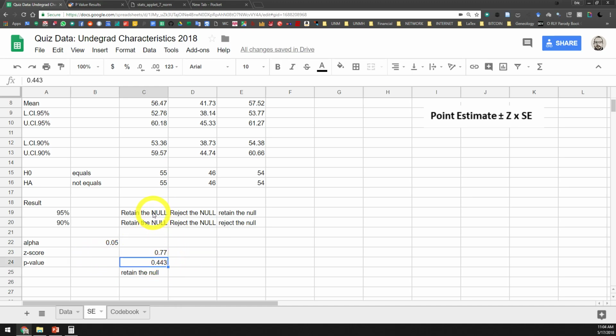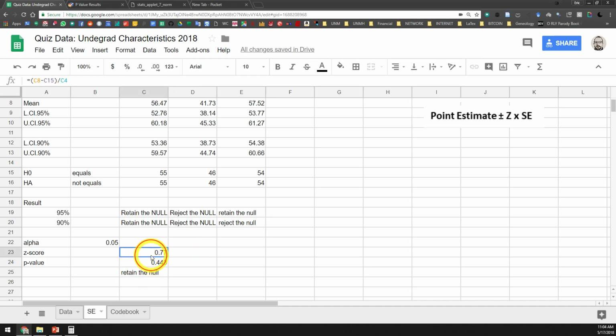That is the exact same decision that we came up with with our 95% confidence interval. If we use an alpha of 0.05 and a 95% confidence interval, we'll always get the exact same decision.